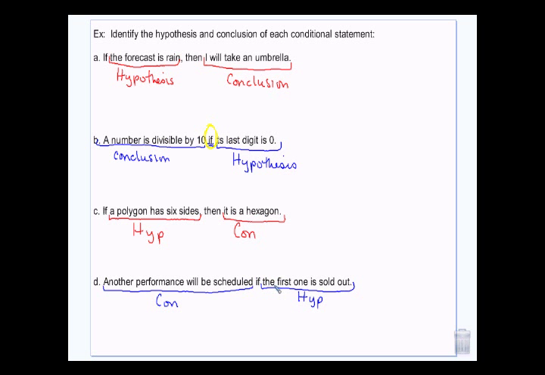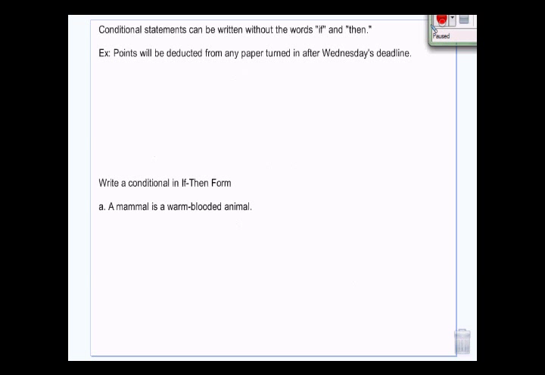The hypothesis would be the first performance is sold out. Then the conclusion would be another performance will be scheduled. So we'd have to have a subject in there. If you are rewriting the hypothesis, you'd put the word performance in, just like up here, we put a number's last digit is 0.